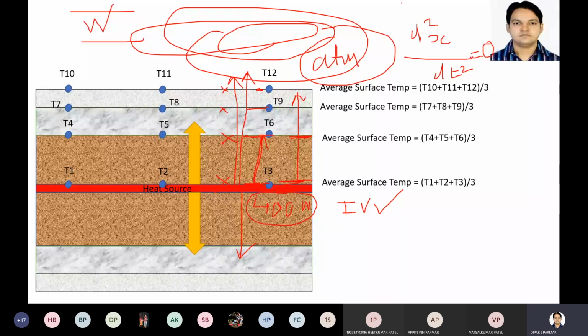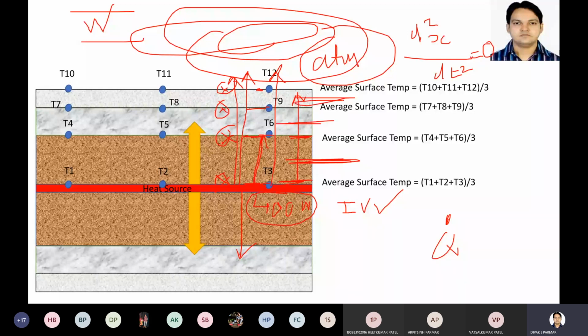And when it becomes constant, the temperature of this surface, this surface, this surface, and this surface will become steady. Means whatever heat is generated over here is transferred into the atmosphere at this particular rate, Q. So heat transfer in this material and in this material is the same.